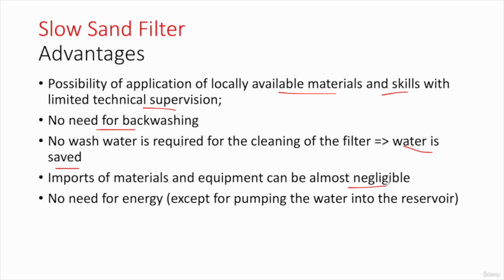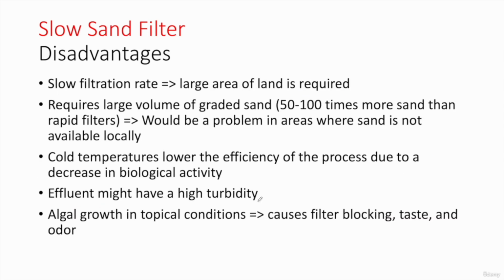So if you have sand media available locally and some basic pipes, then you are doing fine, and no need for energy except for pumping the water into the reservoir, of course, since it cannot go by gravity. Concerning the disadvantages of a slow sand filter, we have slow filtration rate, and this implies large area of land.